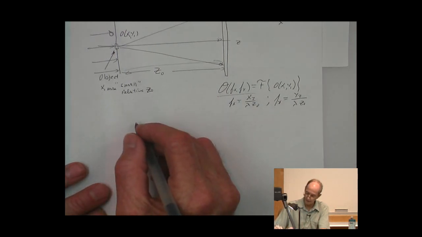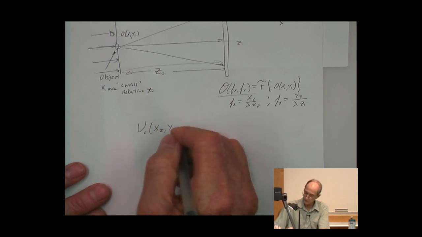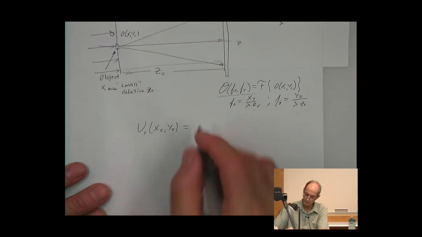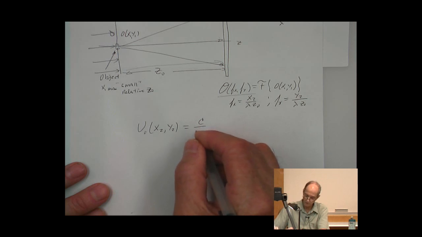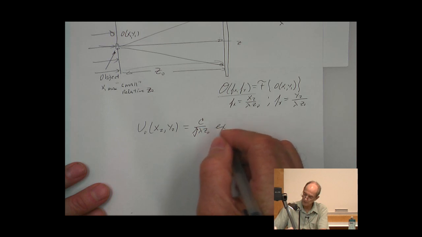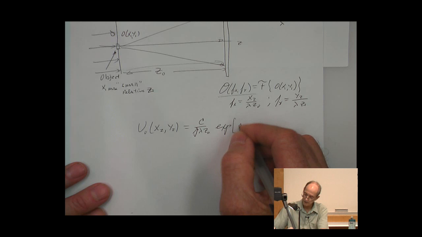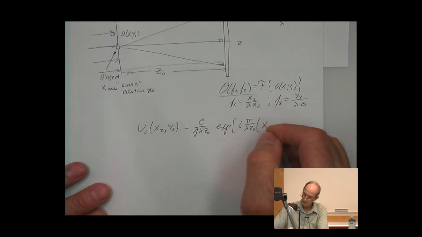The whole field that we have, the u sub 0 of x2, y2, has in it this O, but we also have some other terms. So we have a constant here over j lambda z0, and we have this quadratic phase factor, exponential of j pi over lambda z0 times x2 squared plus y2 squared.